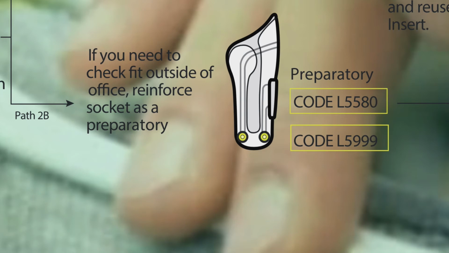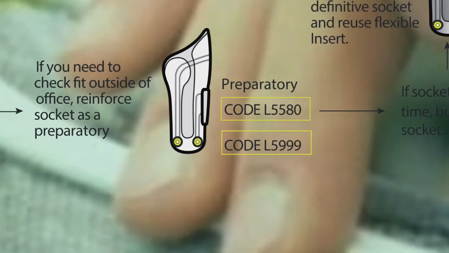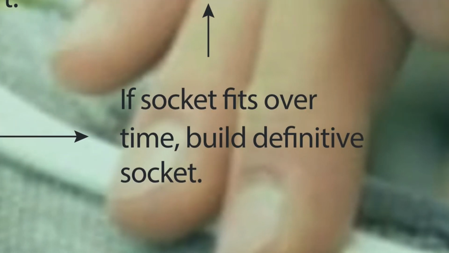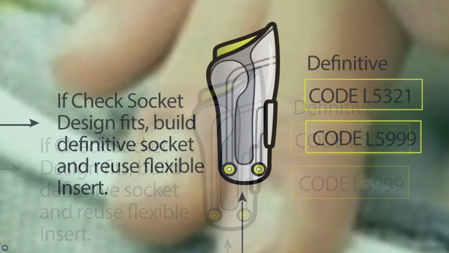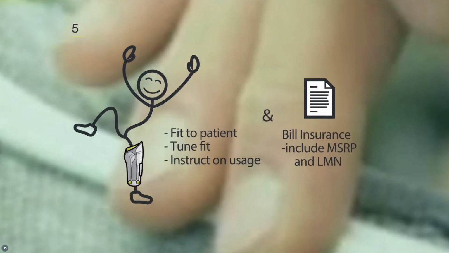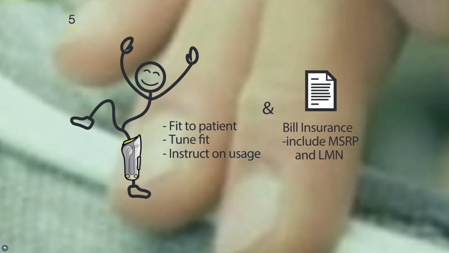If the preparatory socket comes back working well, then build the laminated definitive socket and bill L5321, the optional L5999 code, plus any add-on codes. 5. Once your definitive socket is fabricated, fit to your patient, tune the fit, and bill to insurance.